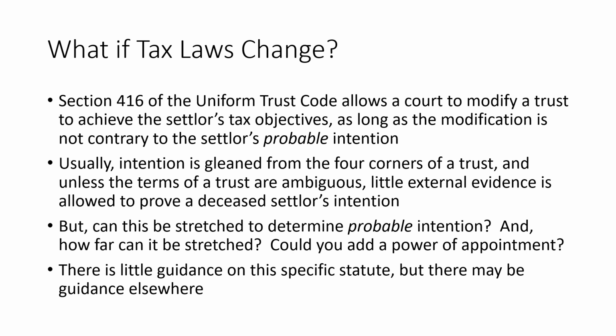And it's rare that the court will look to any external evidence to prove a deceased settlor's intention. The only time the court will typically allow external evidence is if any of the terms of a trust are ambiguous. But when we look at probable intention versus actual intention, it's possible that that can be softened a bit.